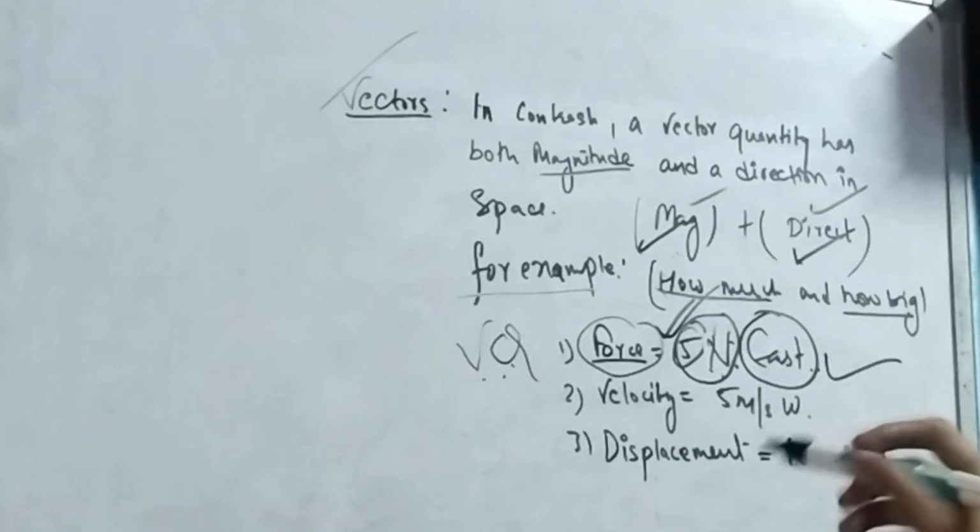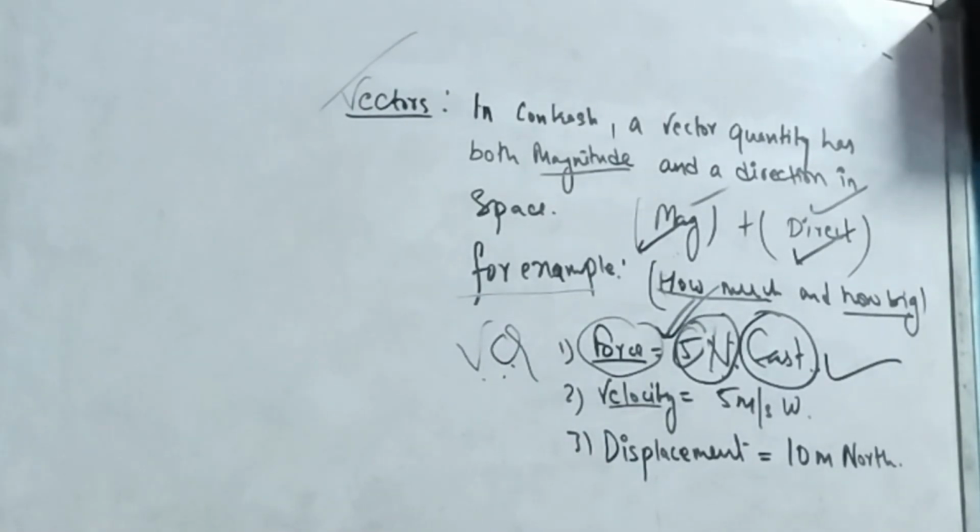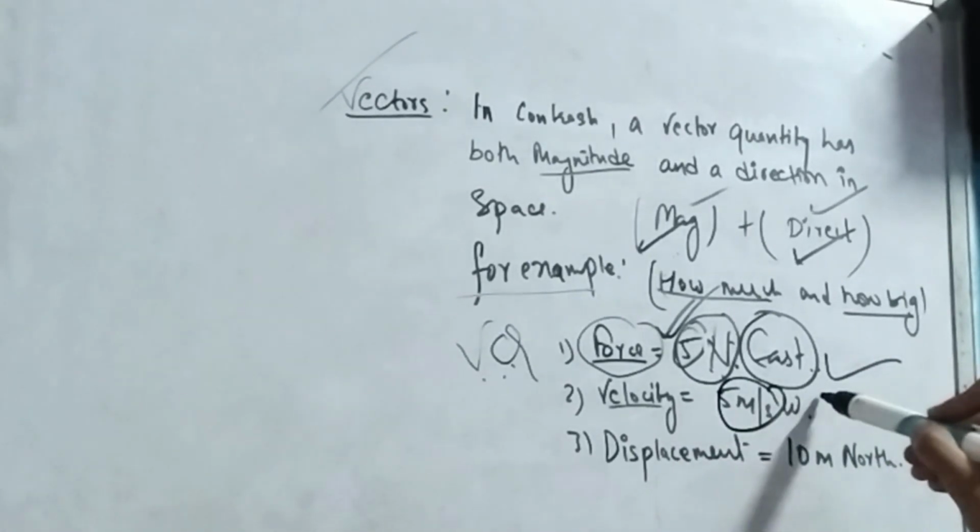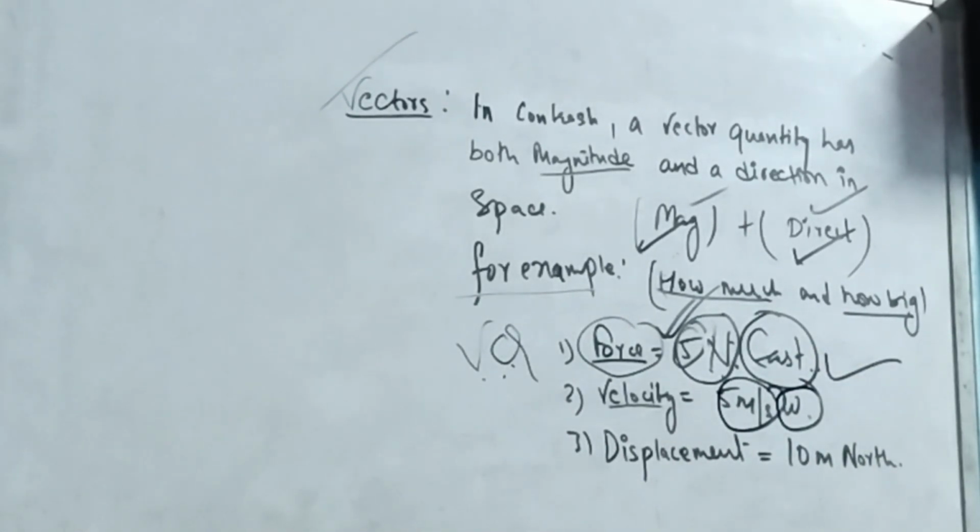The second example is velocity. Suppose there is 5 meters per second west. Please tell me what its magnitude is and what its direction is. The magnitude is 5 meters per second and the direction is west.